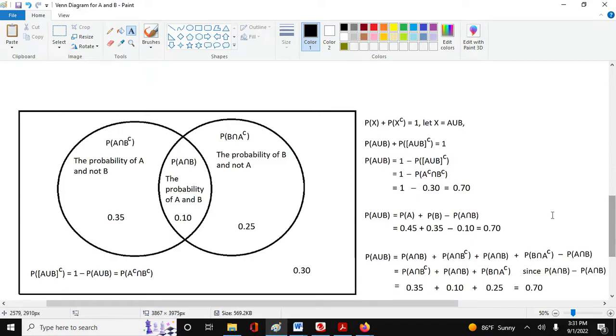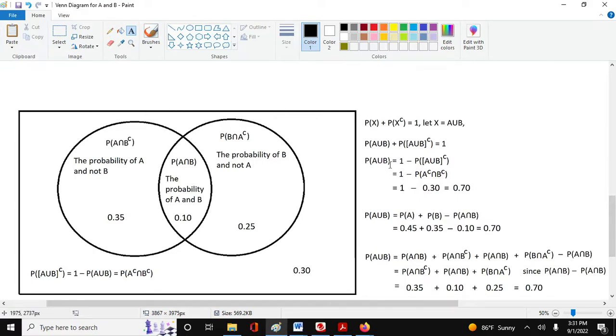So how do we find the probability of A or B? Probability x plus probability of x complement equals 1. We let x equal A or B, and we're just going to rewrite it like this.